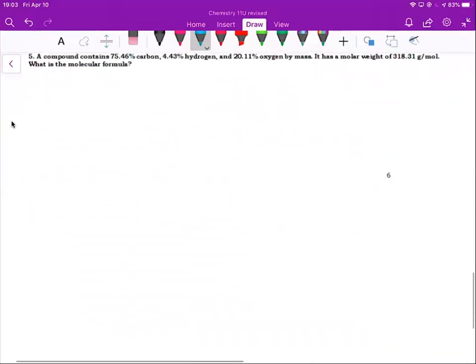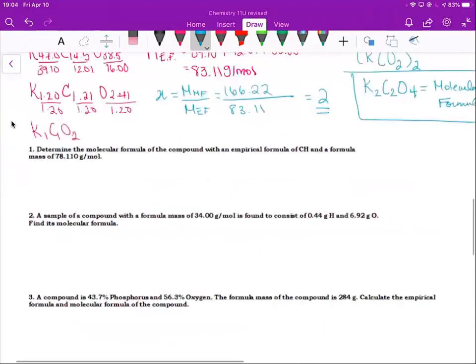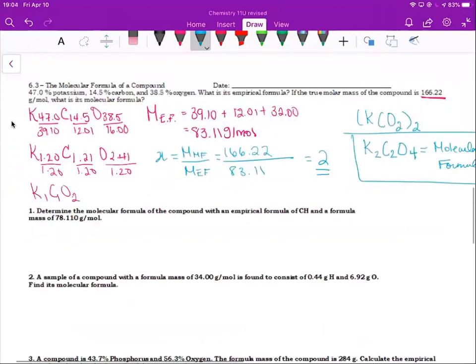Okay, so you're probably a little bit overwhelmed by the steps and whatnot, but let's look at what I did over here and you can follow the steps. So in red, this is me finding the empirical formula. This is me making the sample out of 100 grams. This is finding the lowest common multiple, so the empirical formula.